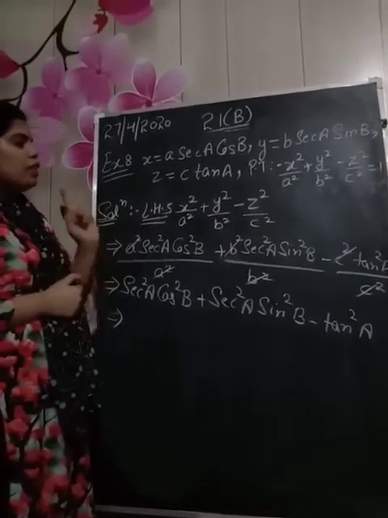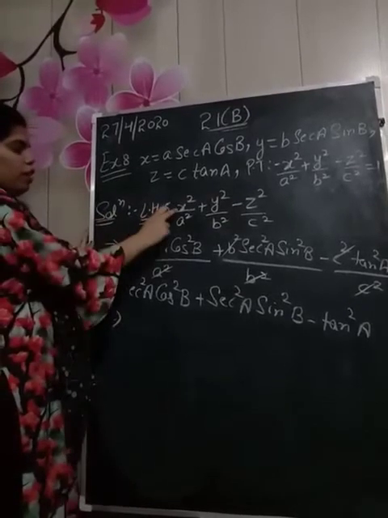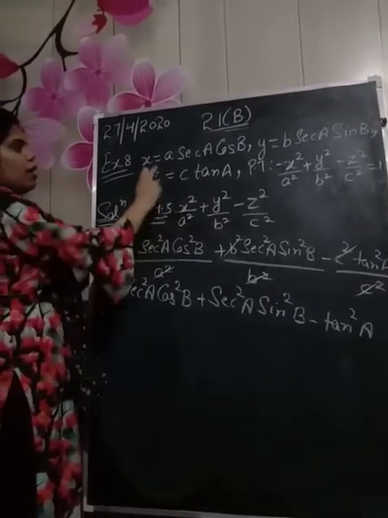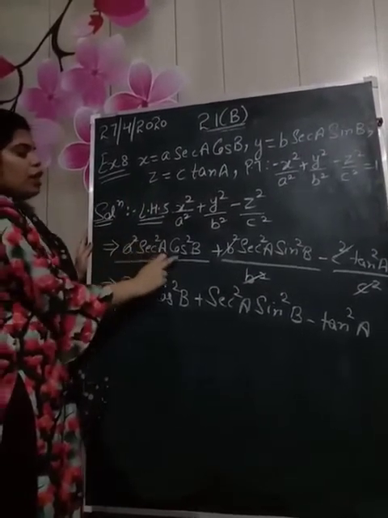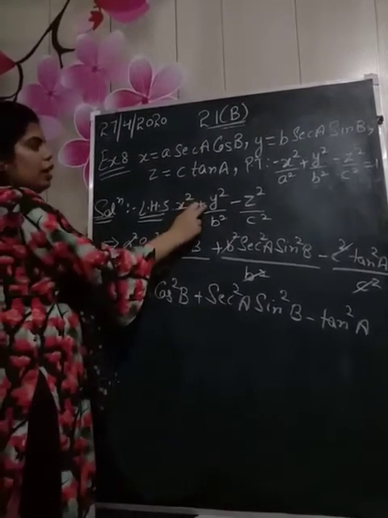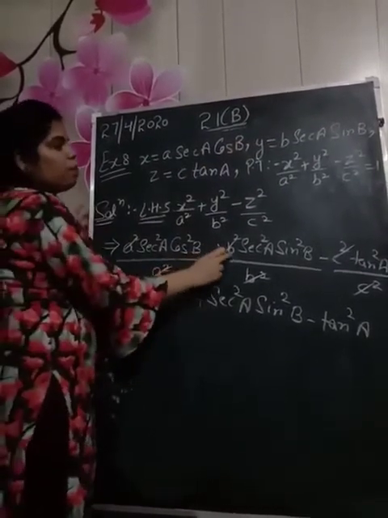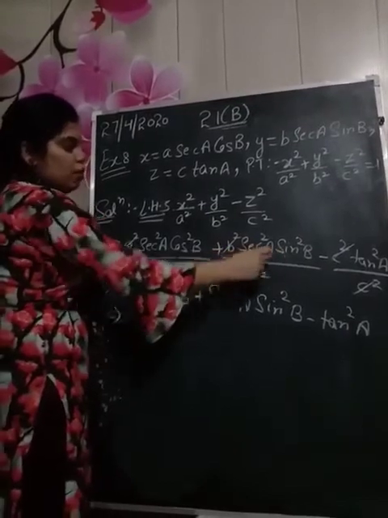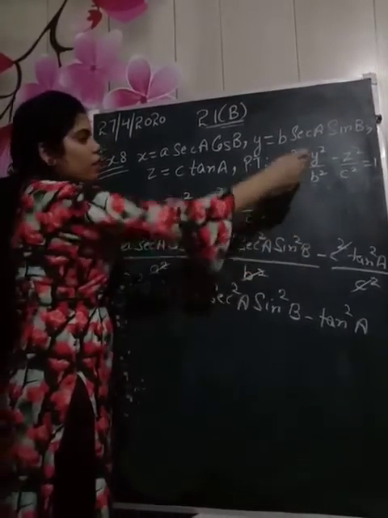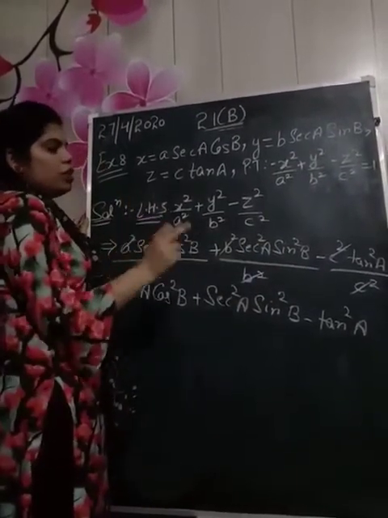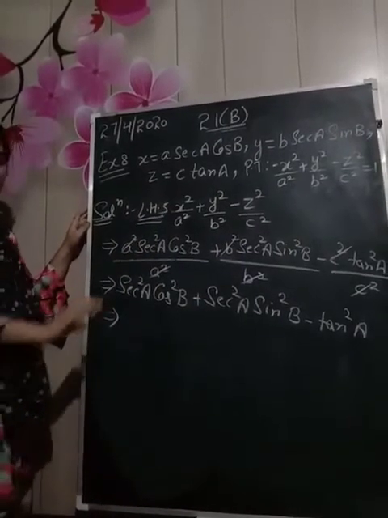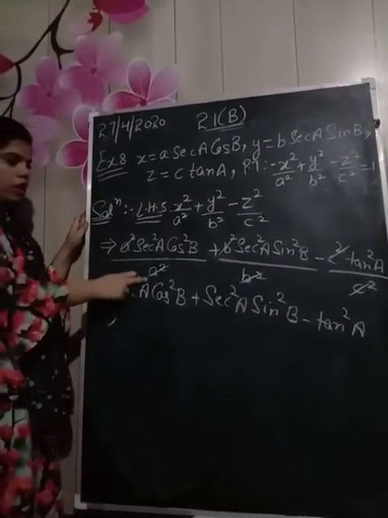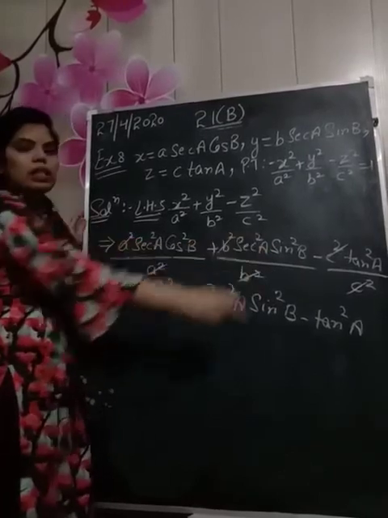So we will consider the left hand side. Here we will put the value of x, that is a square secant square a cos square b by a square, and here the value of y, b square secant square a sin square b by b square, minus the value of z, that is c tangent a, so c square tangent square a by c square. Here a square cancels, b square cancels, c square cancels.